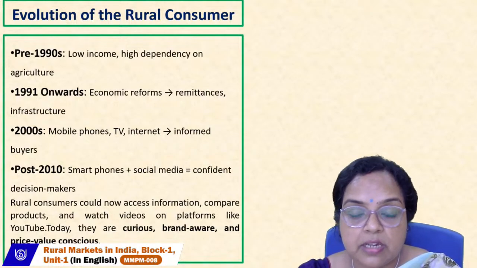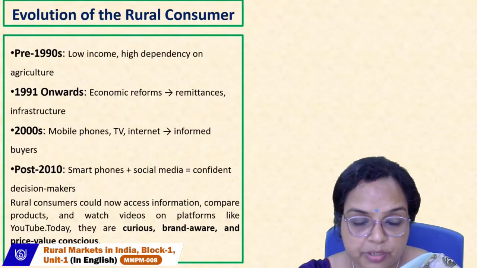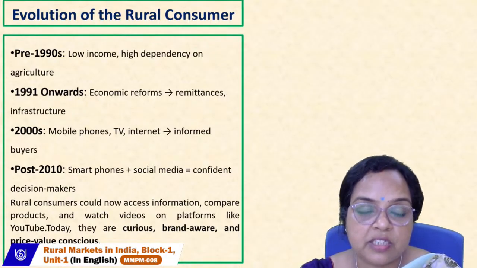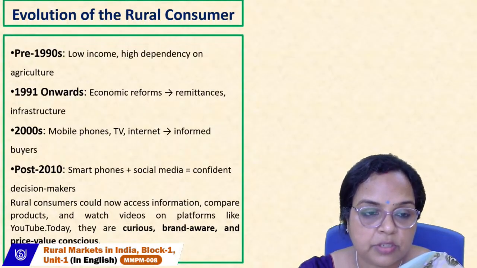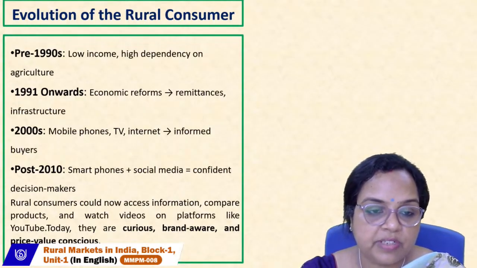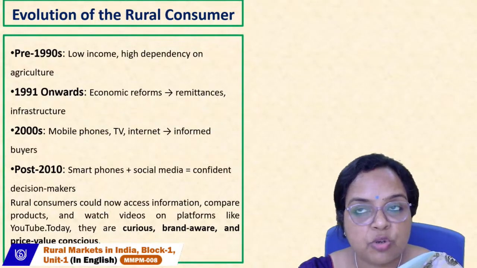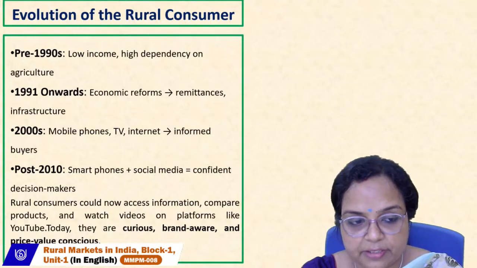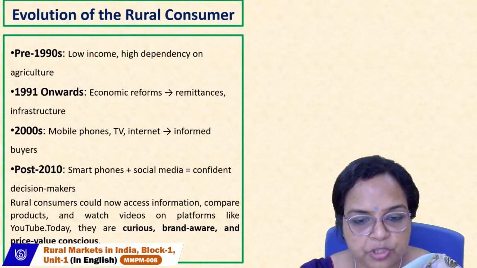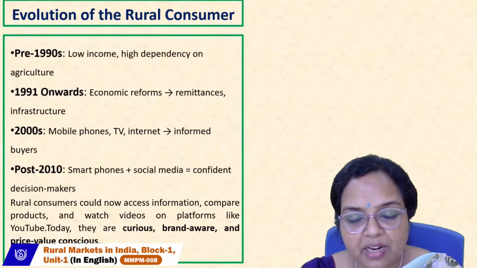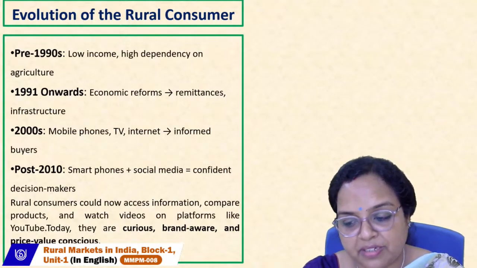Remittances started coming to India, and infrastructure also took shape. In the 2000s, mobile phones, TV and internet connections were introduced. These all helped the rural consumer to remain an informed buyer. Post 2010, smartphones and social media made the consumer a confident decision maker.